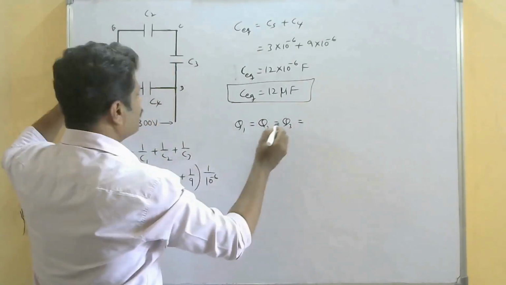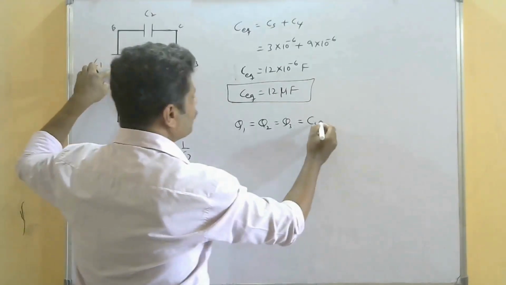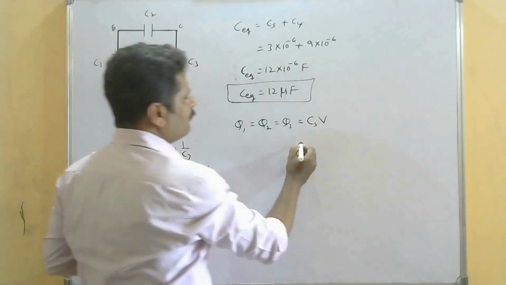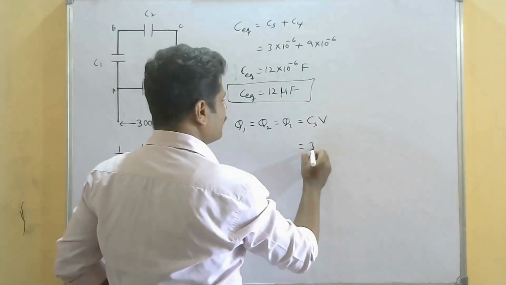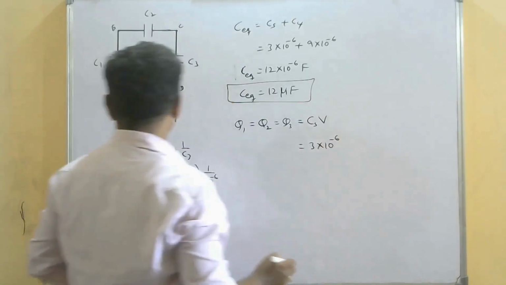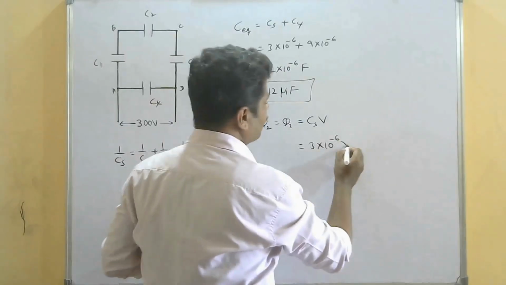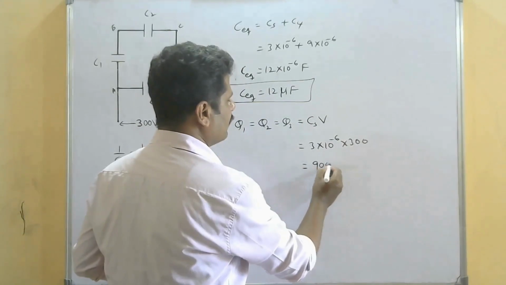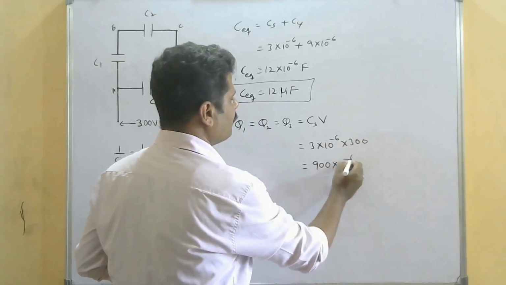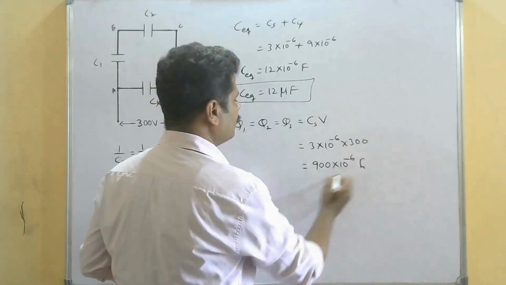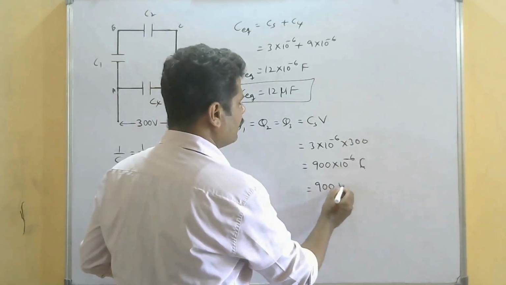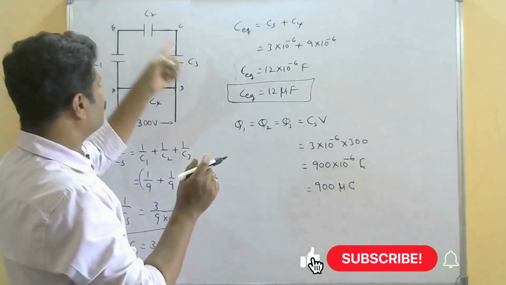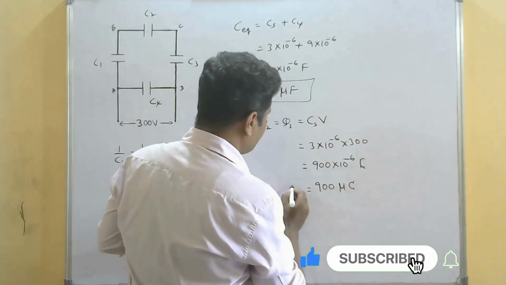This is equal to the equivalent capacitance Cs times the voltage applied across that branch, that is A, B, C, D. Substituting, Cs is 3 times 10 raised to minus 6, and the voltage applied across that branch is 300. So 3 times 300 is 900 times 10 to the power minus 6 coulomb. This is equal to 900 microcoulomb. That is, Q1, Q2, Q3, the charge on C1, C2, C3, is 900 microcoulomb.